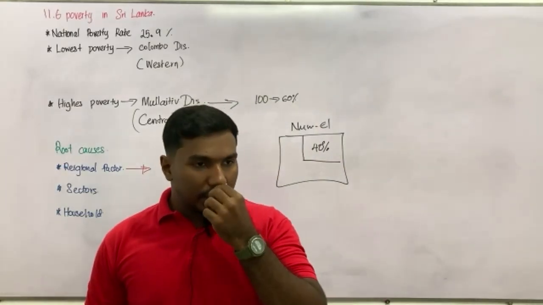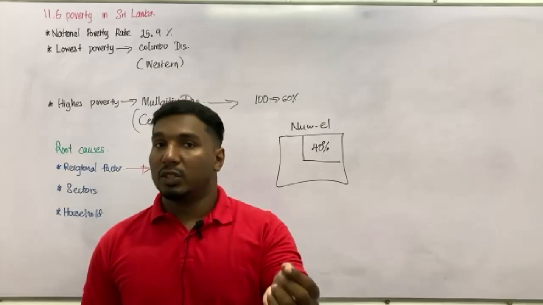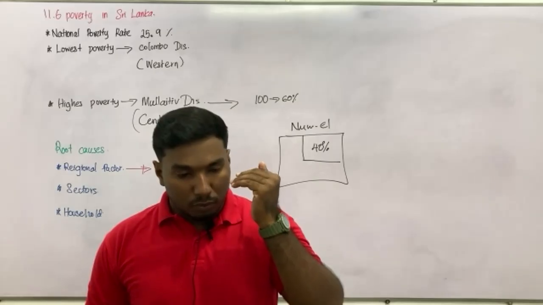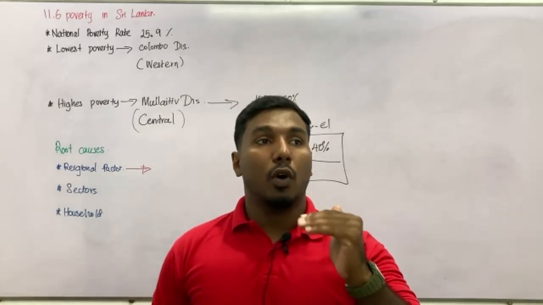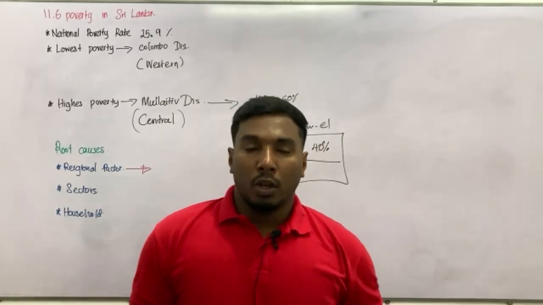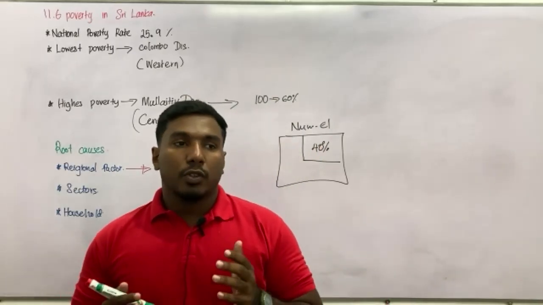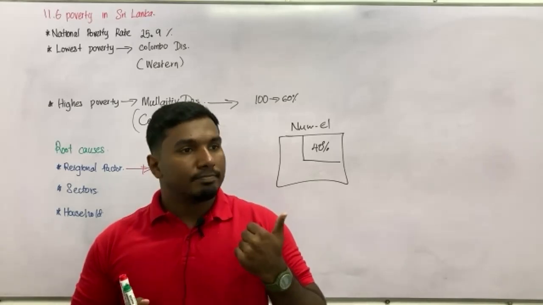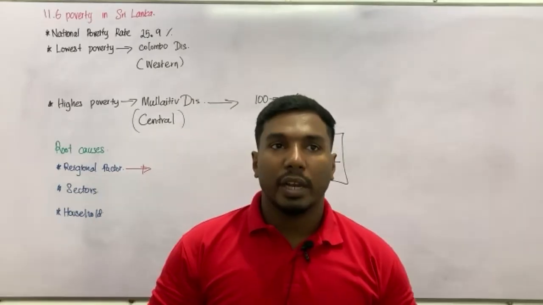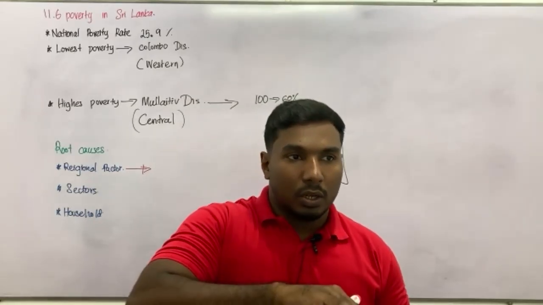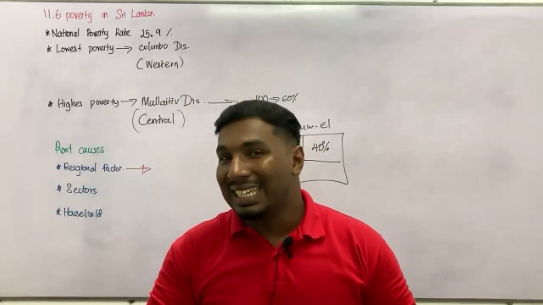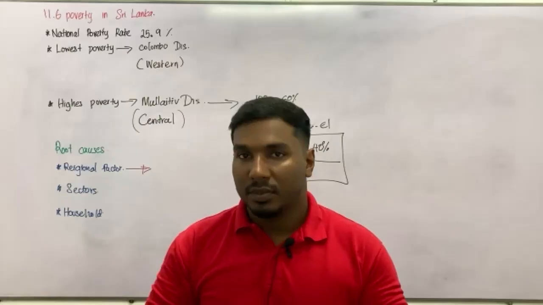There was a civil war which finished in 2009, but that war went on for around 30 years. Most of the war happened in the northern part of our country, so that's why the northern areas are still in a developing stage.